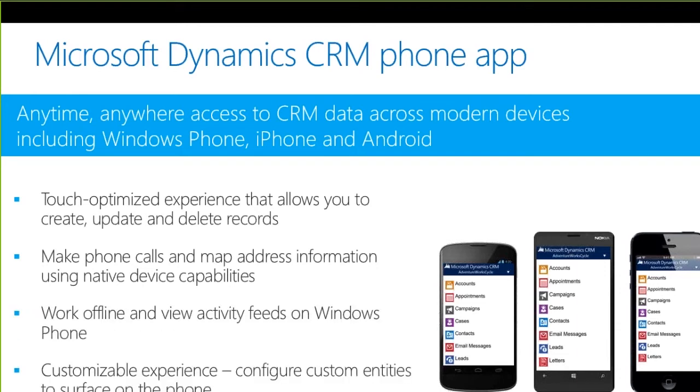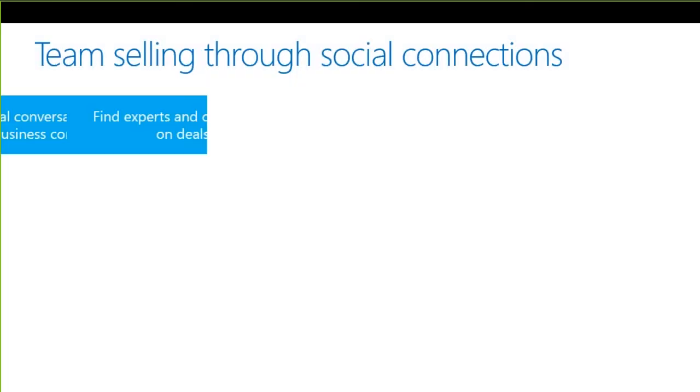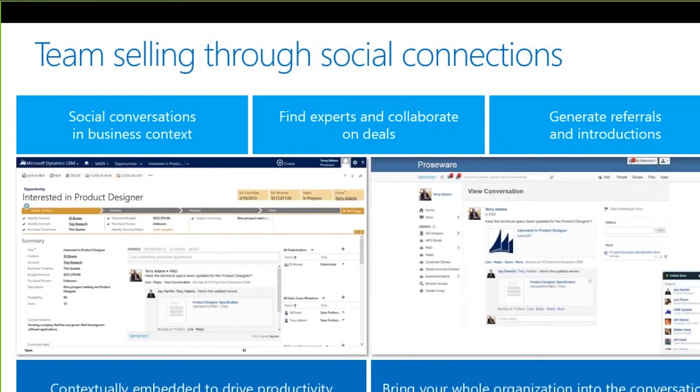And last but not least, the collaboration feature. They've enabled through Yammer, it's their, like I said, the Facebook for Microsoft. They've integrated that with CRM. So you would be able to bring up and have conversations with people.